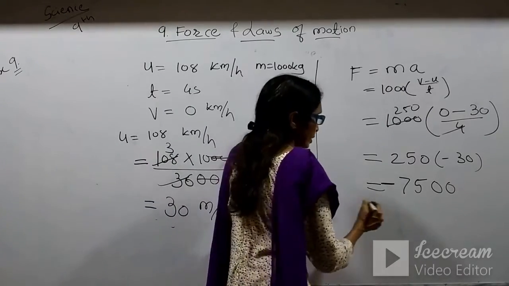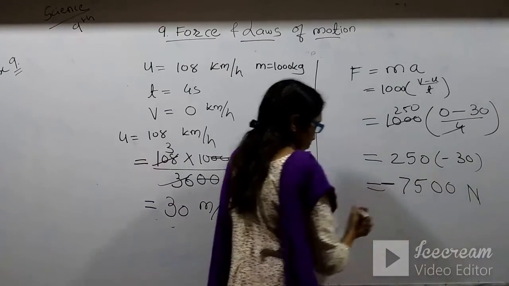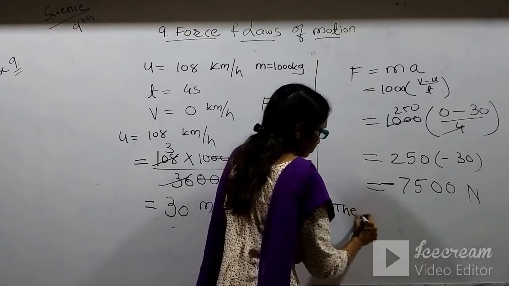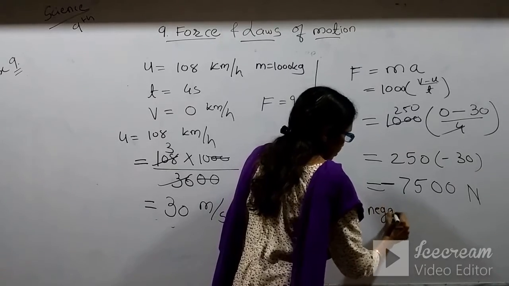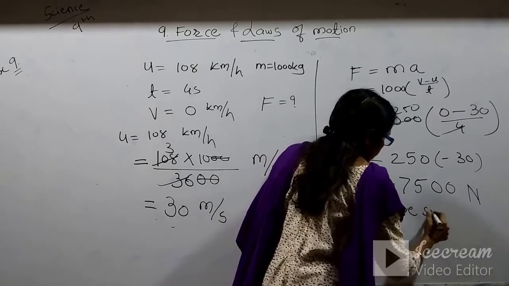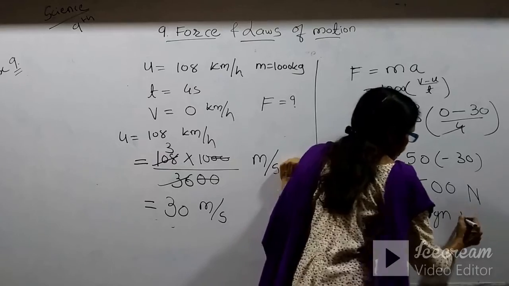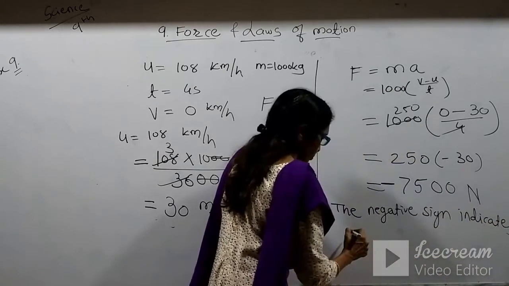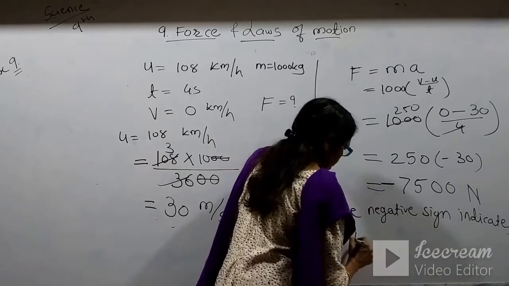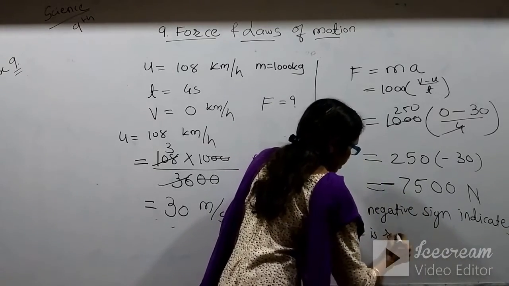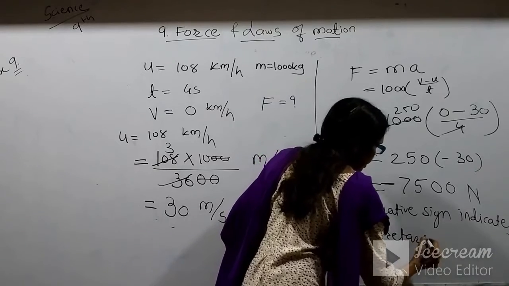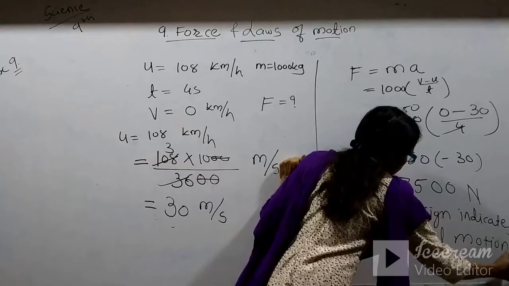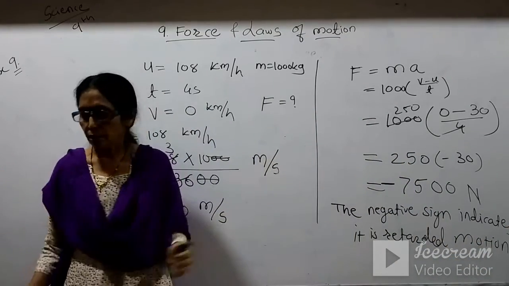So here we can say the negative sign indicates it is retarded motion. Okay, students, just note down this.